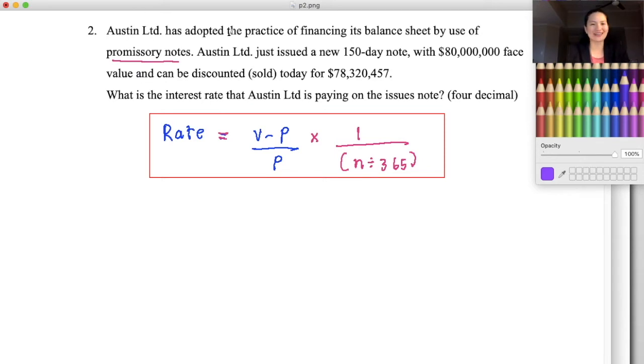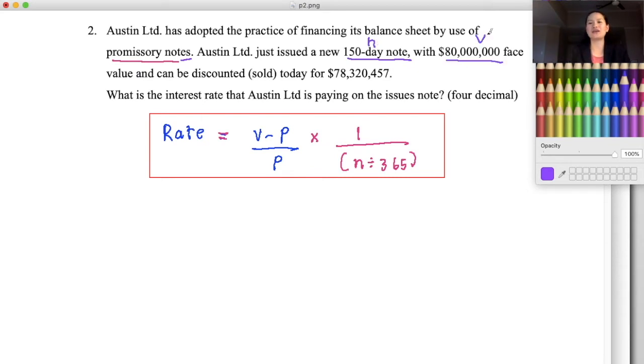Still Limited has adopted the practice of financing its balance sheet by using promissory notes. Still Limited just issued a new 150 days note, with 80 million face value.